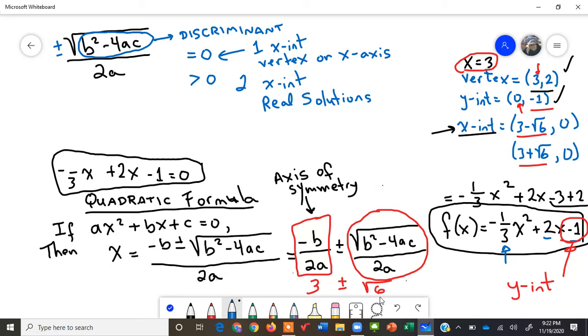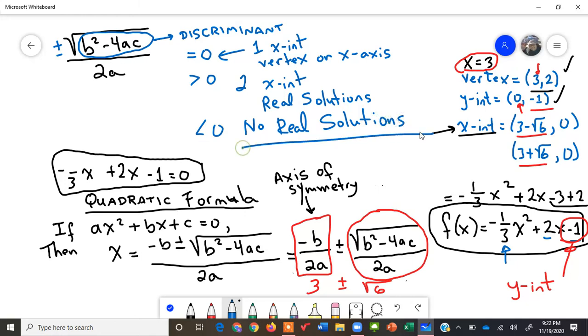We can take the square root of that to get two answers. And then if it's less than 0, then there are no real solutions, meaning that the graph did not cross the x-axis. No real solutions, no x-intercepts. Graph did not even touch the x-axis. In that case, the graph would be completely above or completely below.